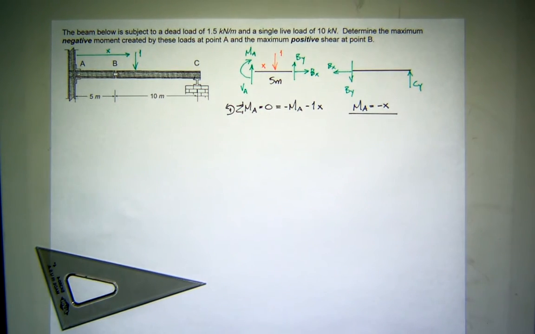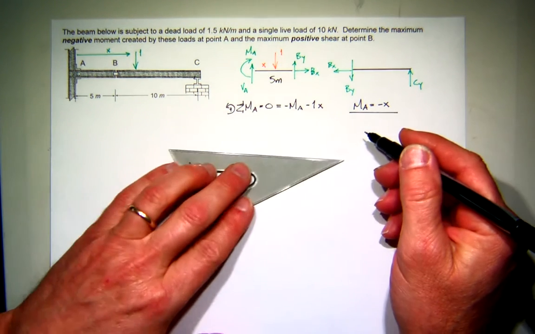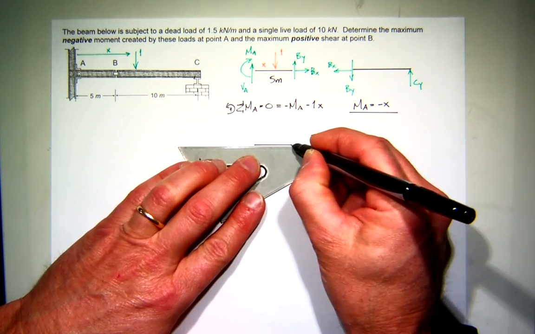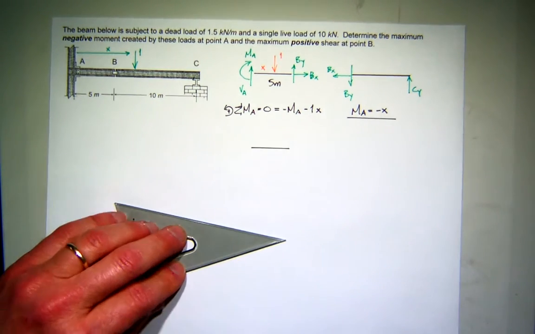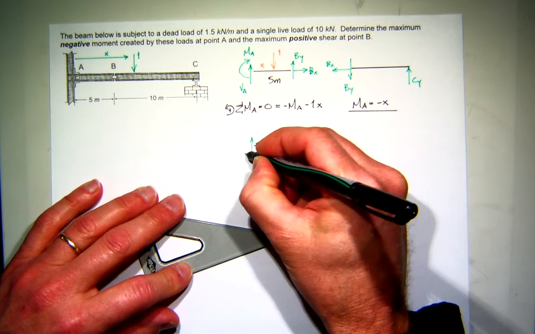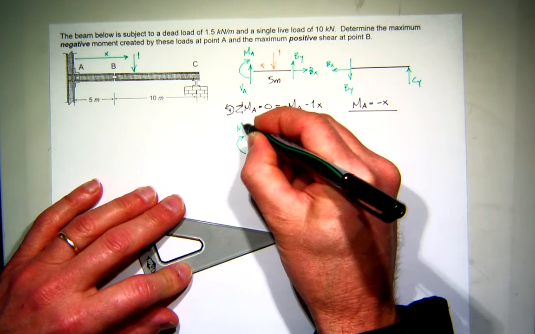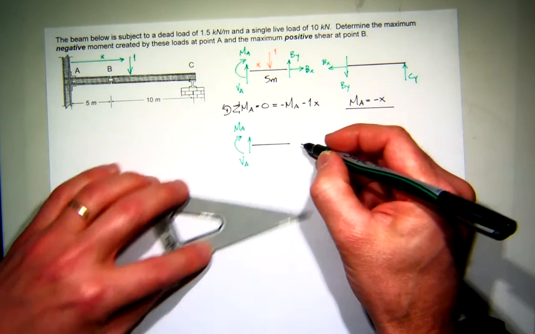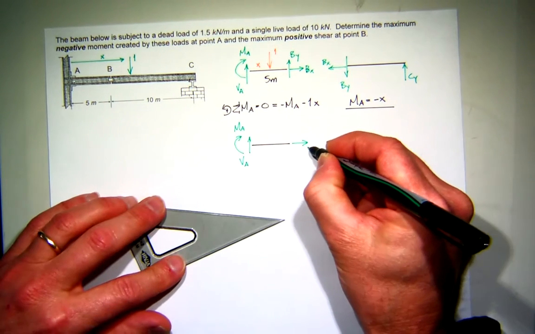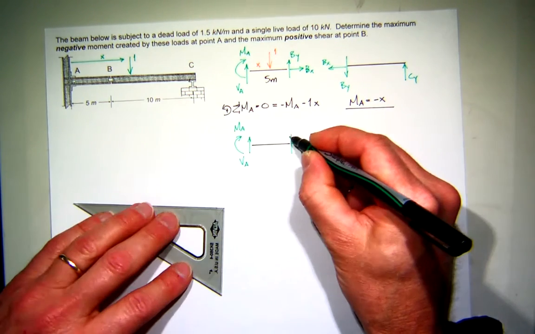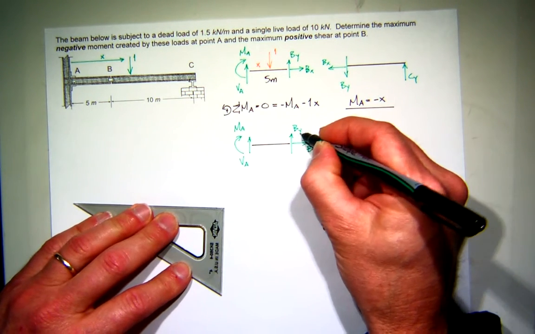Okay? Now it's going to take me a long time to redraw this, so bear with me. But the next case will be this. So I have, again, my shear and moment at A. I still have Bx and By.